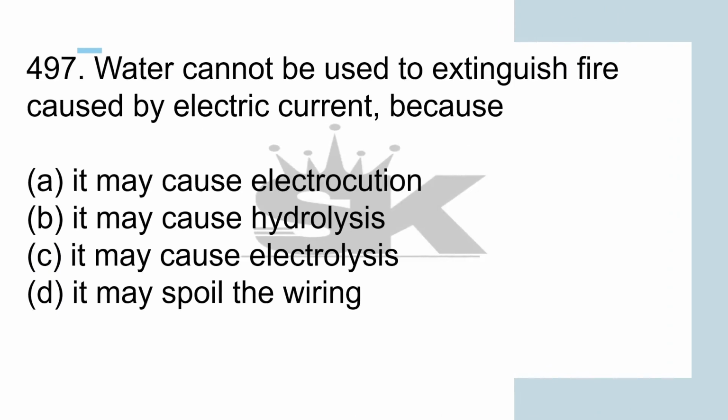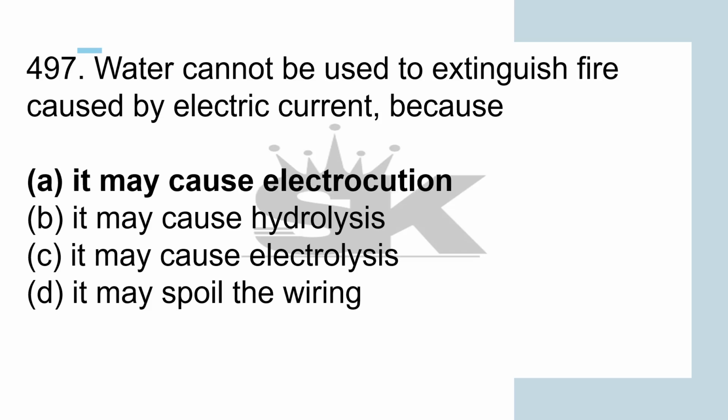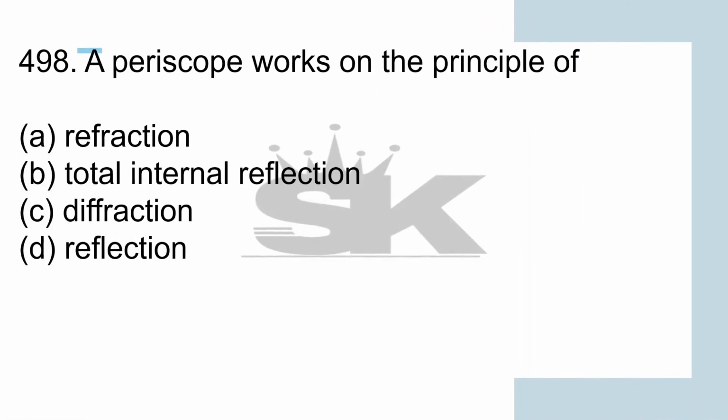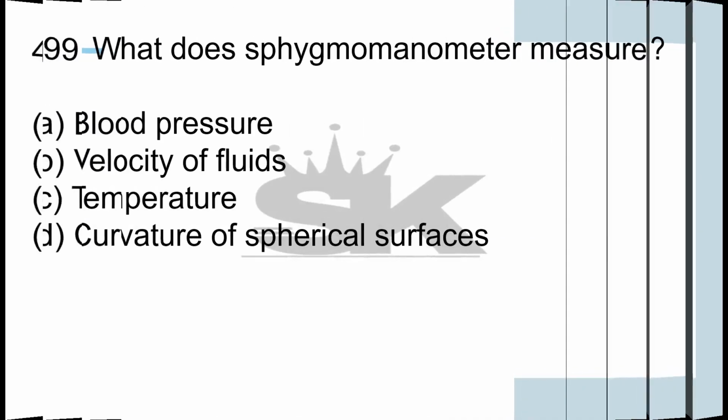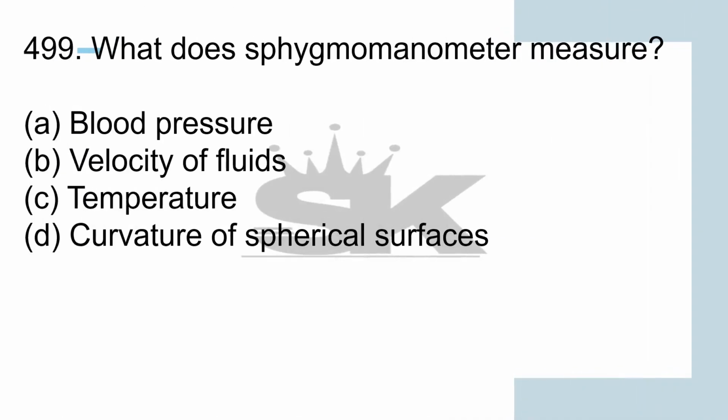Water cannot be used to extinguish fire caused by electric current because it may cause electrocution. A periscope works on the principle of reflection. What does a sphygmomanometer measure? It measures blood pressure.